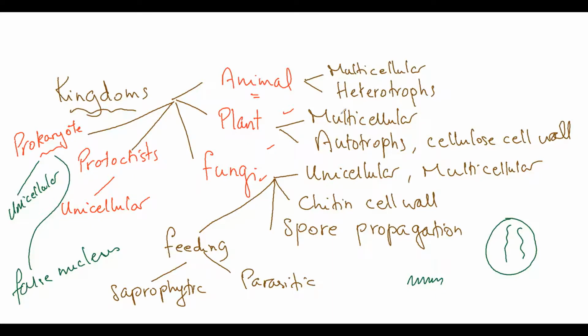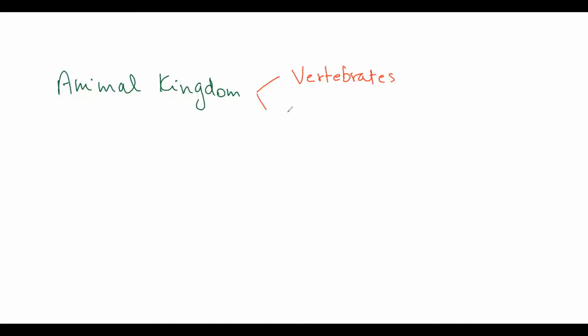Now let's start with this animal kingdom and mention some details about them. Animal kingdom is divided into two phyla. The first phylum is vertebrate, gathering all the vertebrates, and the other one is gathering the invertebrates.